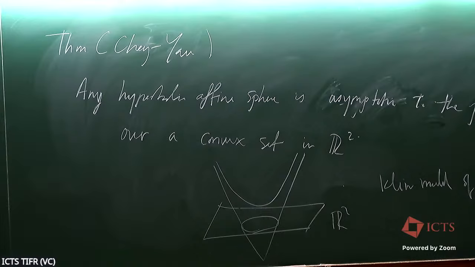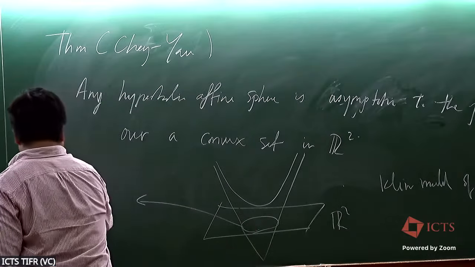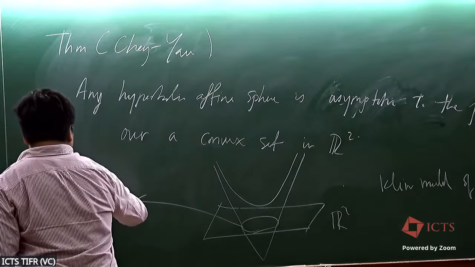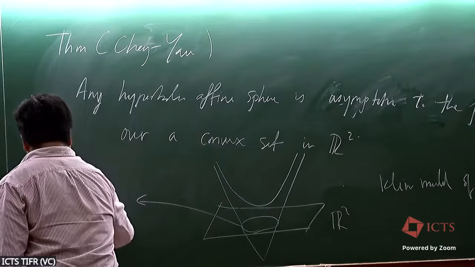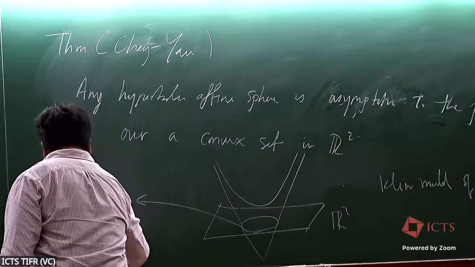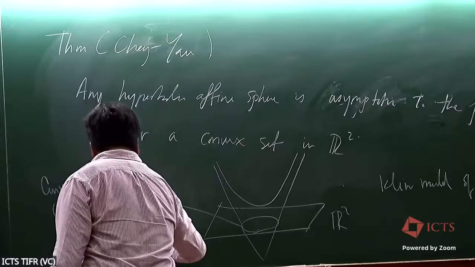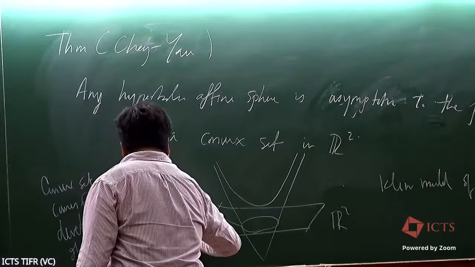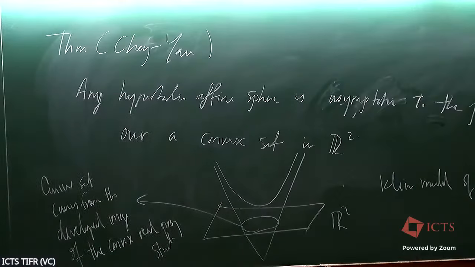Now to connect it, why do I mention the result by Hitchin, Choi, Goldman, and so on? It turns out that this convex set comes from the developed image of the convex real projective structure. Remember, I had charts to RP2, with transition maps being Mobius transformations.